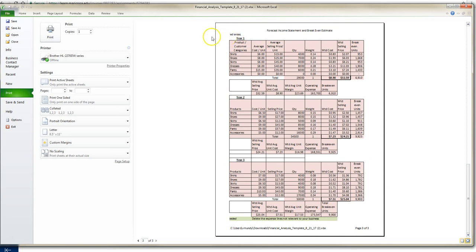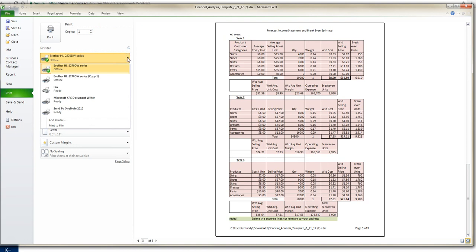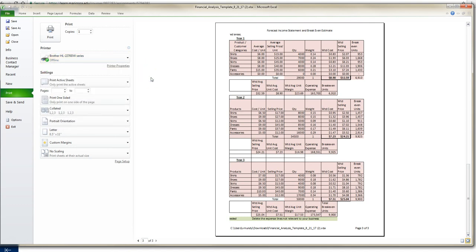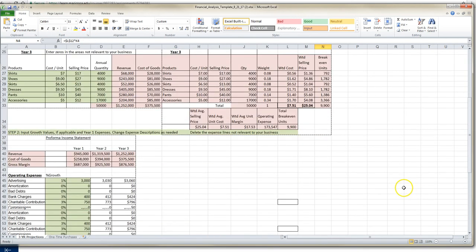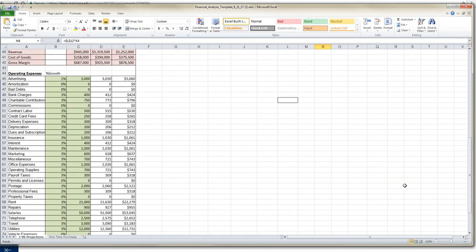So, at the very least, if you wanted to, you could print this out in hard copy form, or if you have the ability to print a document as a PDF file, you could then move that PDF file into your Word document, or you could literally cut and paste portions of the spreadsheet into a Word document as well.